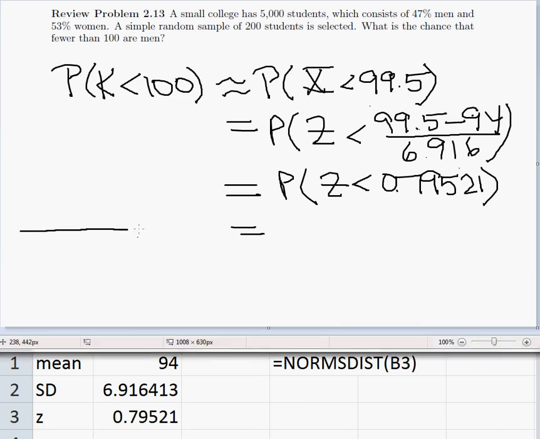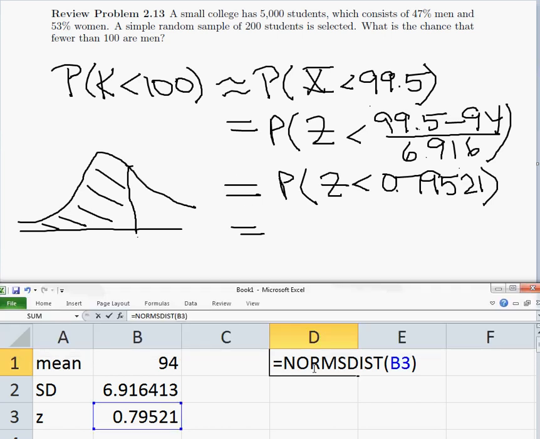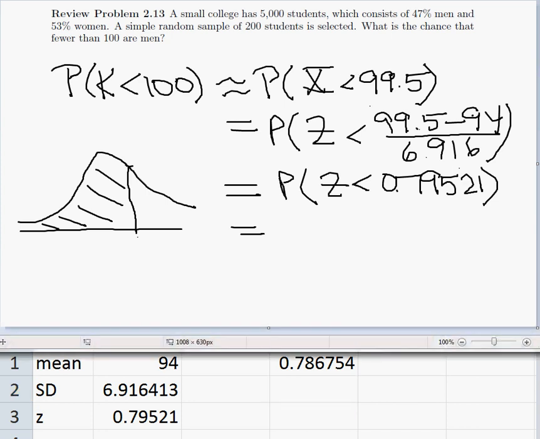I have the area to the left of 0.795, which is about right here. And so using the normsdist command, we get the final answer, which is 0.7867. So rounding to 4 decimal places, the answer would be 0.7868.